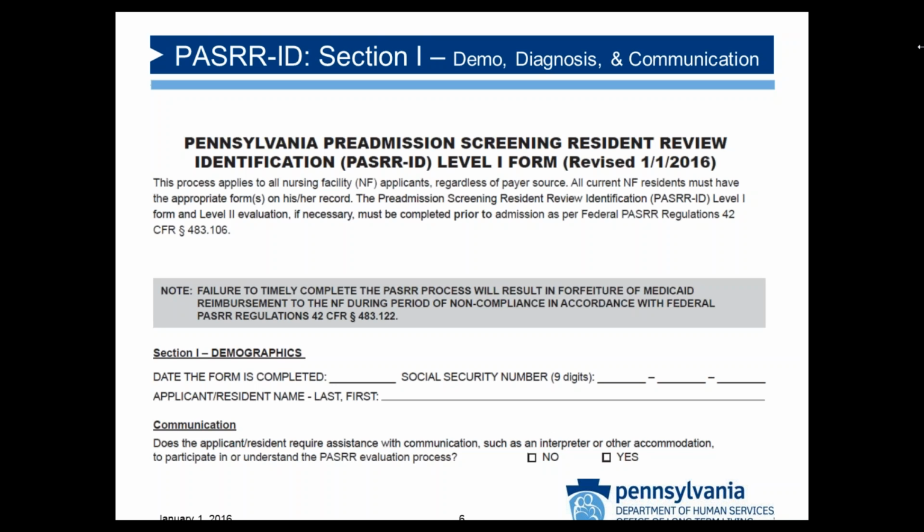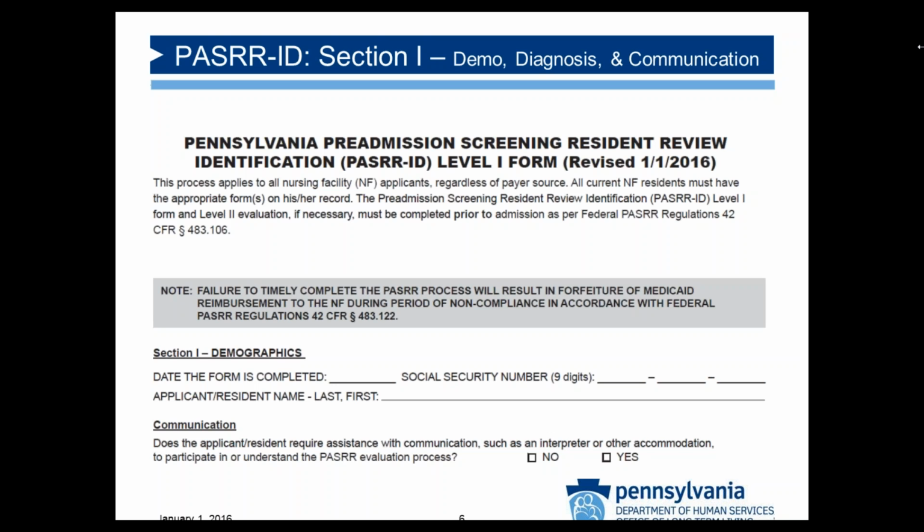Over the years, when this process first started, CMS was heavily involved in it back in the late 80s, early 90s. It's a mandatory process. They were very involved in it. And there was a period of years where there wasn't a lot of changes to it. There wasn't a lot of discussion about the PASRR process.